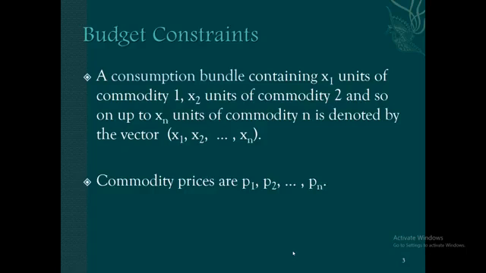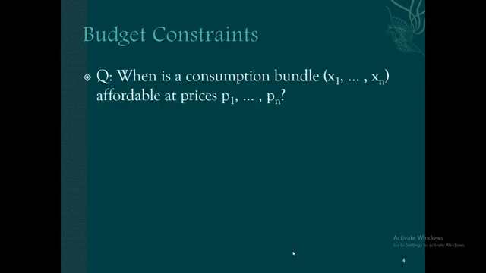Now you have a quantity vector comprised of x1 to xn, as well as a price vector at your disposal. This is very simple. If you have apples and a price of apples, and if you have different kinds of apple, then you have different prices for different kinds of apple. This is what is represented by x1 to xn and p1 to pn.